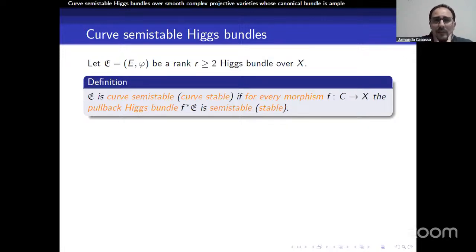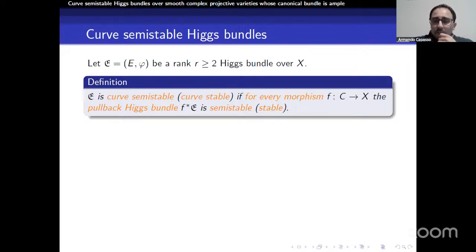Let E be a rank R Higgs bundle over X with R greater or equal than 2. By a curved semistable Higgs bundle, I mean a Higgs bundle such that for any morphism f from C to X, the pullback Higgs bundle f star of E is semistable. Respectively, curved stable means stable.